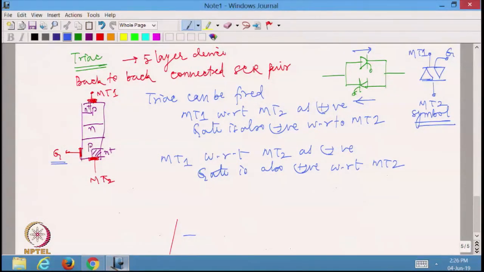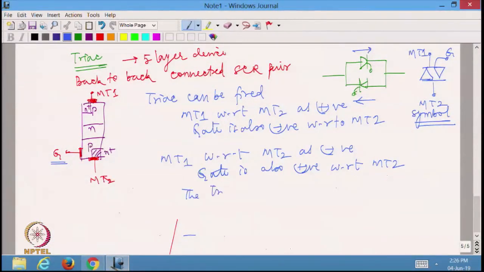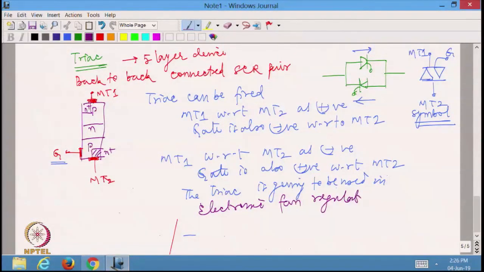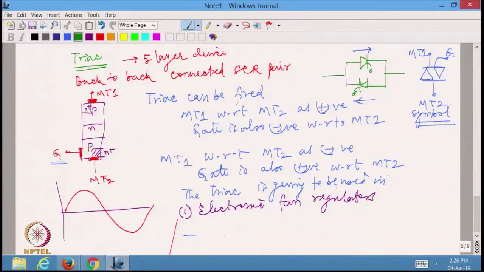Normally the TRIAC is used in, you must have seen, electronic fan regulators. There we apply a single phase voltage like this, and we apply the voltage only for a short while.